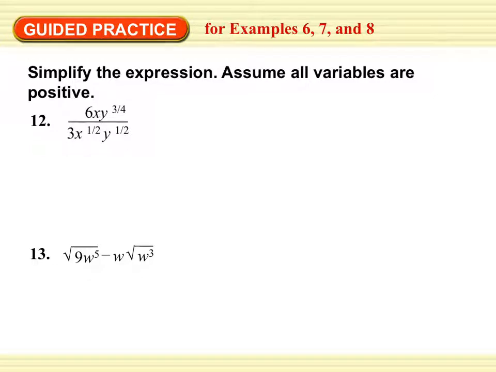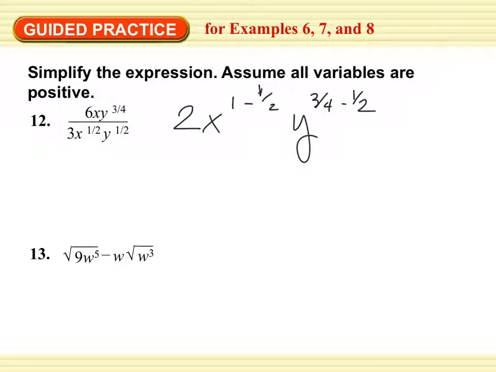Here, going back to where I did things simply, I can simplify that. 6 divided by 3 is 2. Now I'm going to take all of the same bases and just subtract the exponents. 1 minus 1/2. And then I have 3/4 minus 1/2.